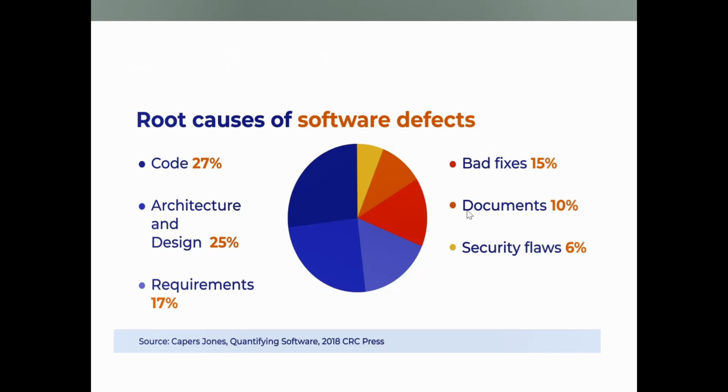Bad fixes in the software programs are responsible for 50% of total software defects. On the other side, documents, which help to explain the software, will account for 10% of total software defects. Security flaws are the reason for 6% of total software defects.